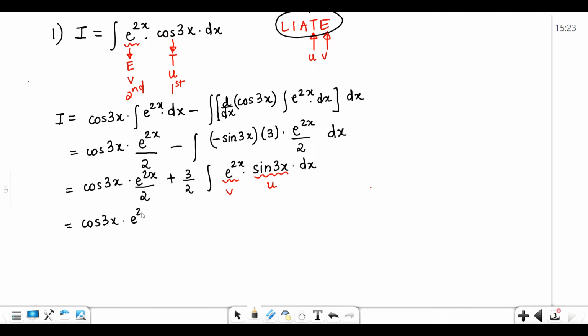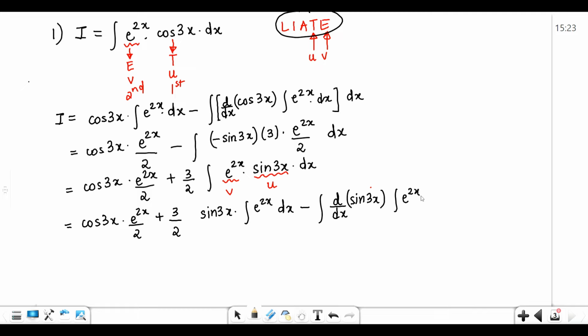Cos 3x multiplied by e raised to 2x upon 2 plus 3 by 2. Again we will apply the by parts formula. So keeping u aside, integration of v dx minus again the integration, then the differentiation of u, that is sine 3x.